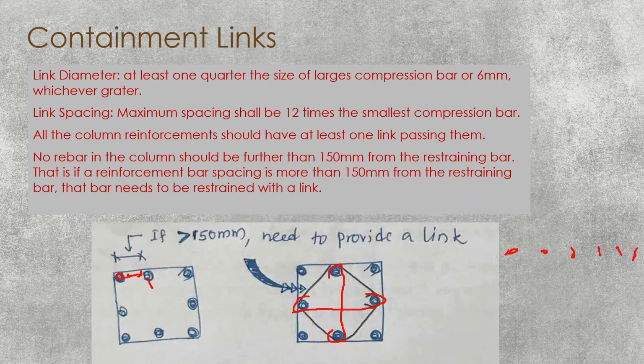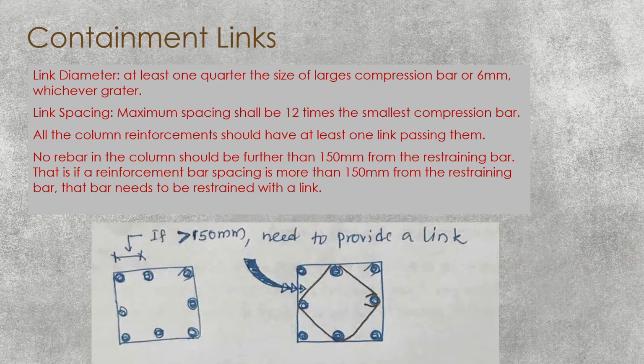In a large column there may be several rebars like this. Now if this gap is more than 150, we have to provide a link. Say this gap is 100, then this bar you don't need to restrain by a link, but when it comes to this bar, if this gap is greater than 150, you have to provide a link for this. So that is the practice you should follow in detailing of the reinforcement of the columns.